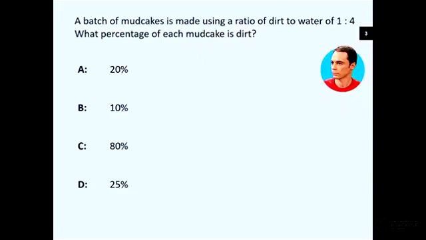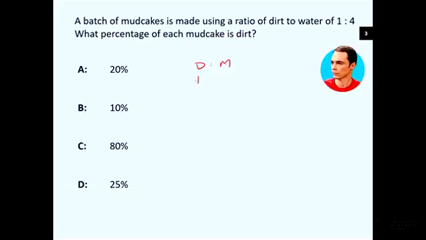Okay, but can you see why D might be tempting? The answer D, because I think 1 to 4, that's a quarter. That's 25%. That's why Sheldon's looking there. But if it says what percentage of each mud cake, so if I look at comparing the amount of dirt to mud cake, the dirt to water is 1 to 4, but what's the amount of dirt to mud cake?